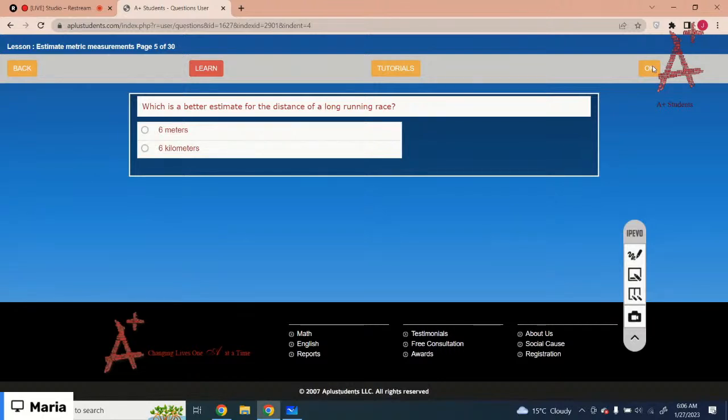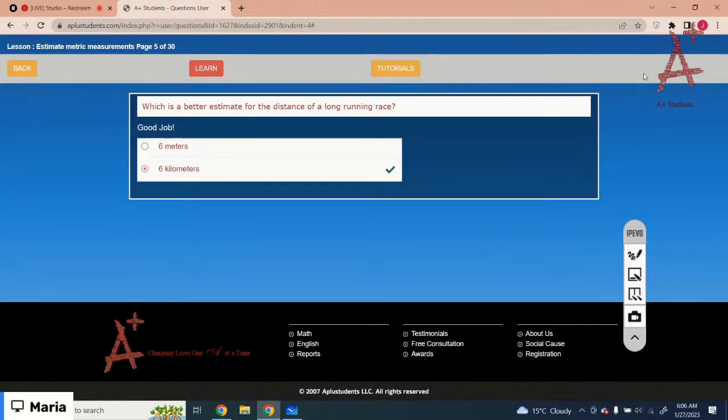Okay, which is the better estimate for the distance of a long running race? 6 meters or 6 kilometers? Because it is a long race, it would be 6 kilometers. Got it? Because 6 meters is smaller than 6 kilometers.